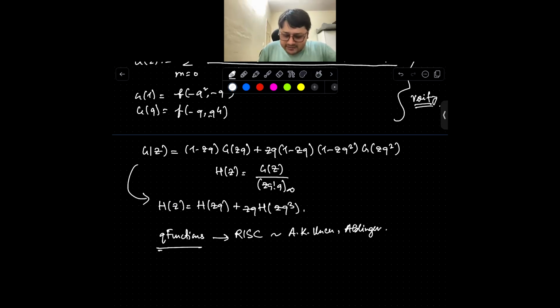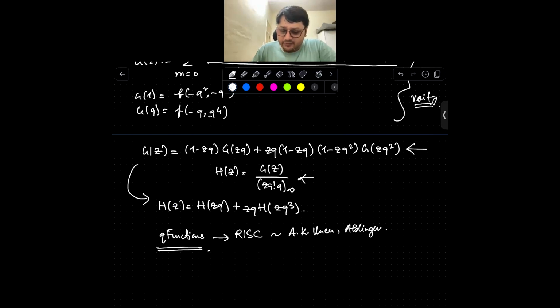What Q functions allow you to do, and the main motivation of Q functions, as far as I understand, comes from trying to generalize Rogers-Ramanujan type identities in more variables. If you give as input your function Z of z, it's going to give you as output this Q difference equation, or the recurrence equation that we have.